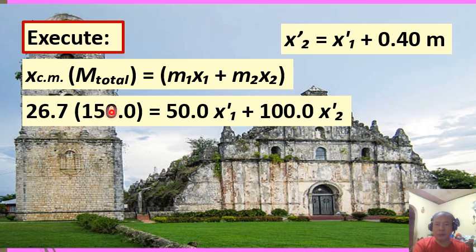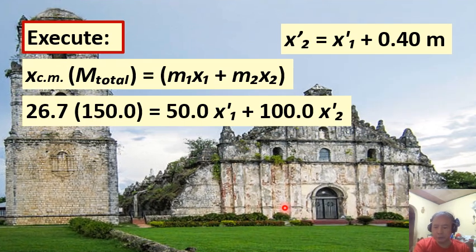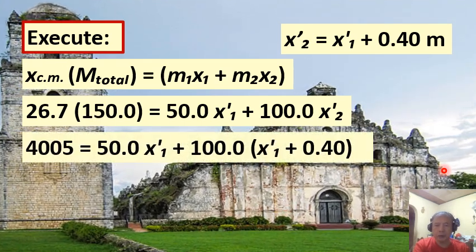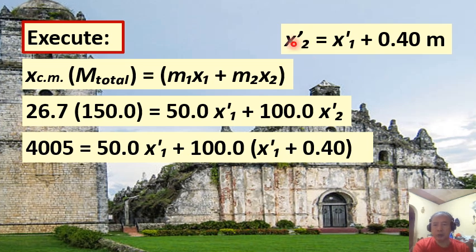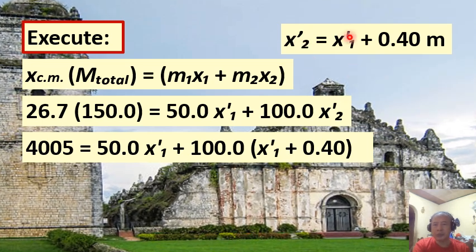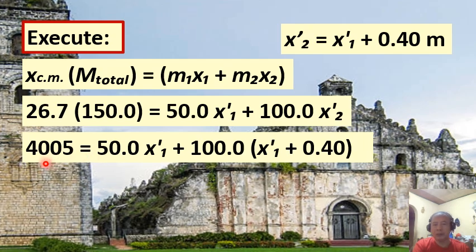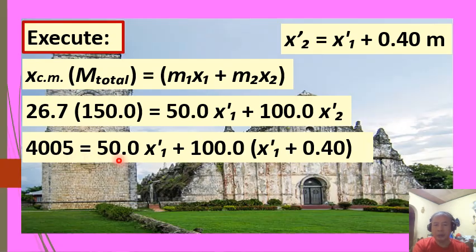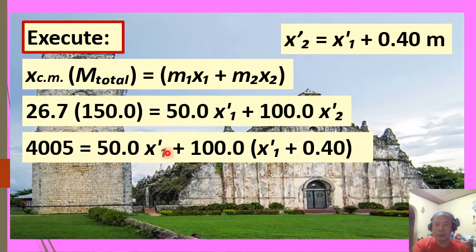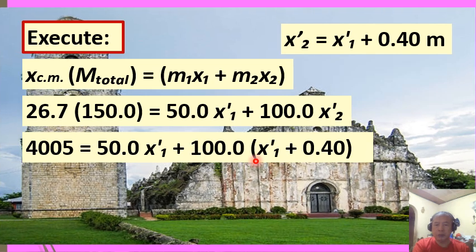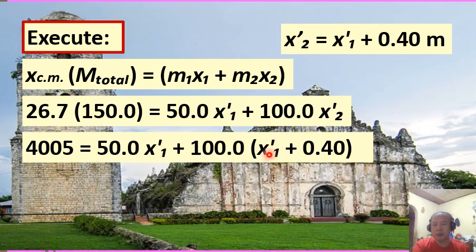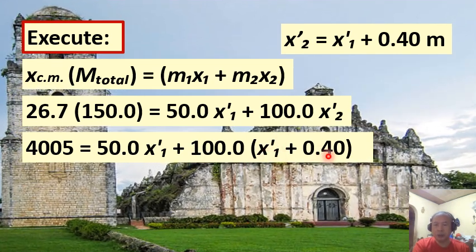And when we simplify this equation, we substitute x prime 2 by x prime 1 plus 0.40. So this becomes 4005 equal to 50.0 times x prime 1 plus 100.0 times the quantity x prime 1 plus 0.40.